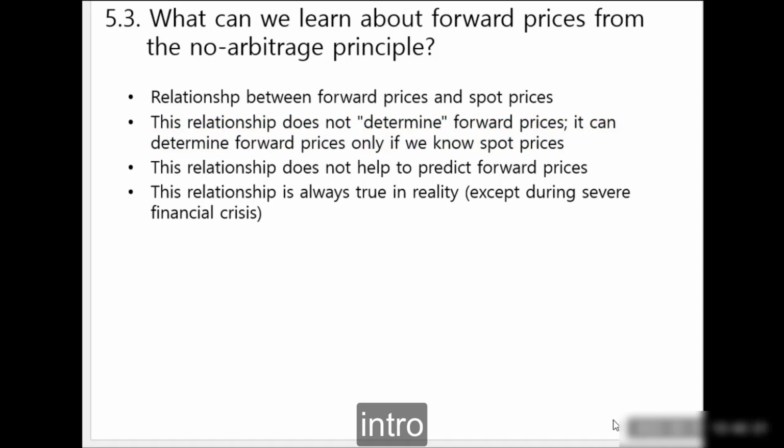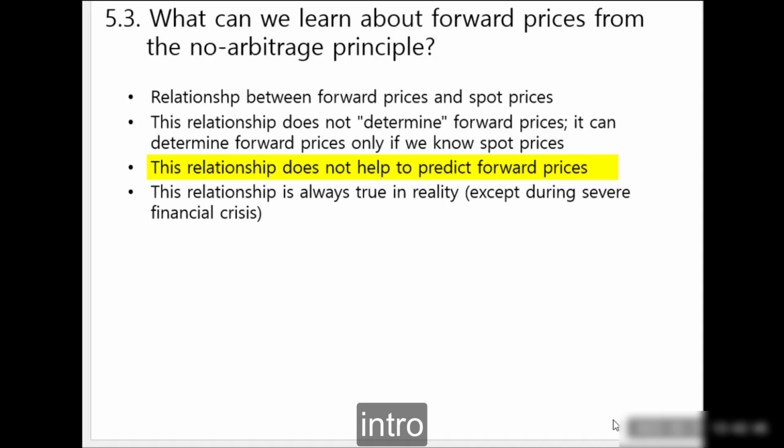So in that sense, learning this relationship doesn't help us to predict forward prices because if you don't know the spot price, you can't tell what the forward price is. So in terms of forecasting, we don't solve any problem. We are only saying we know what the forward price should be if we know the spot price.